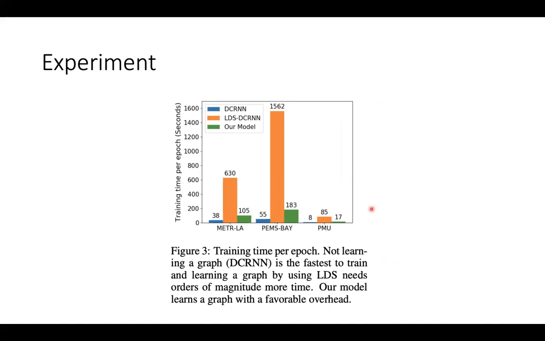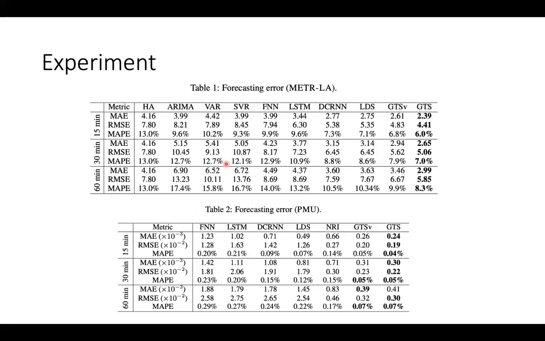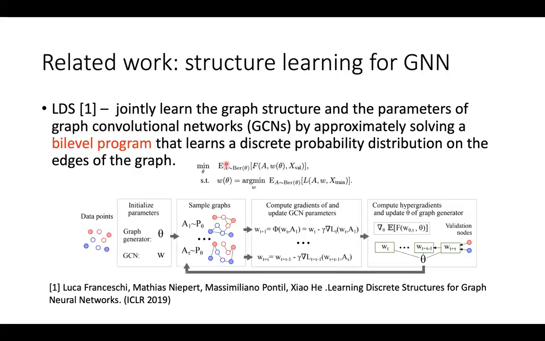So here is the training time on 3 different data sets. This is their model. The blue one is a model with known graph structure, meaning that this one is just to do the prediction when the graph structure is given. And this one is to do the prediction without any known structure, but the theta itself is viewed as an n by n free parameter matrix, as we discussed in the first related work.